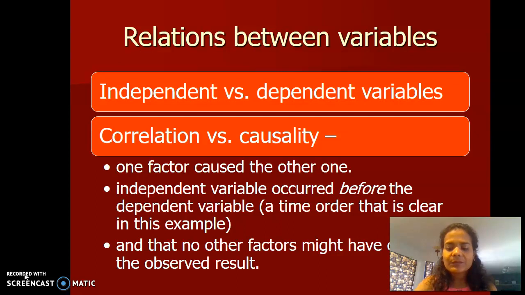Now we can see examples of that. So for instance, we see a strong correlation between eating ice cream and drowning. And so folks often wonder, like, what's going on? Is the ice cream spiked with something? And the answer there is that there's a third variable involved, which is summertime.